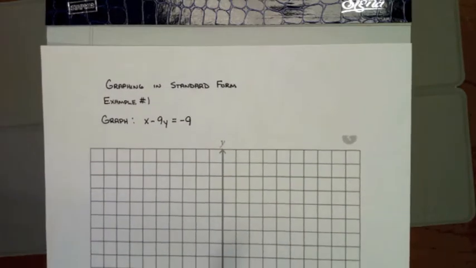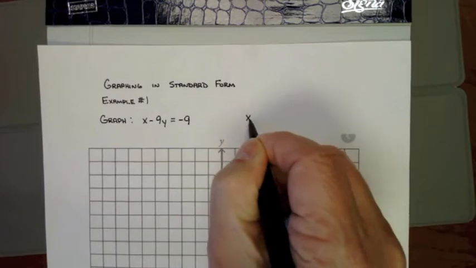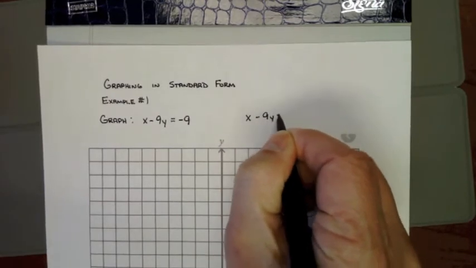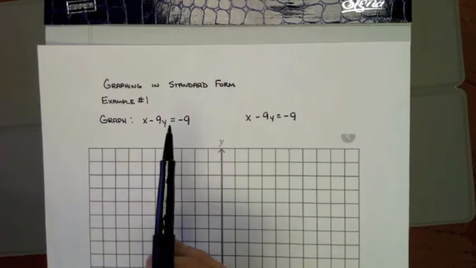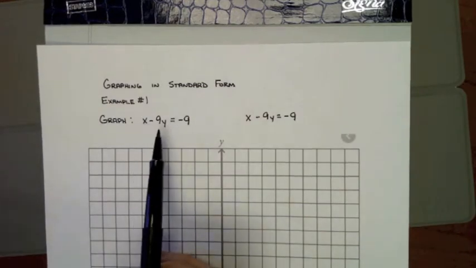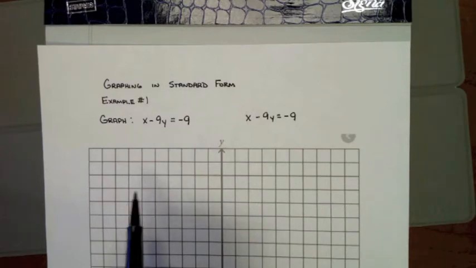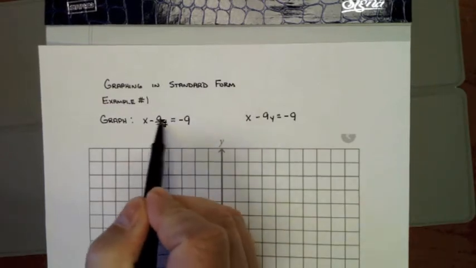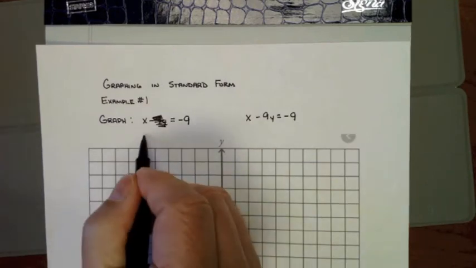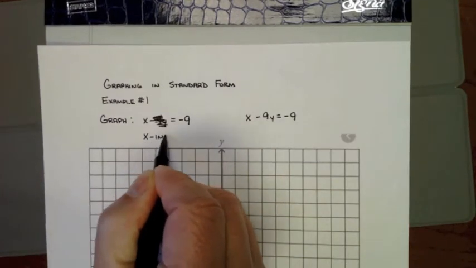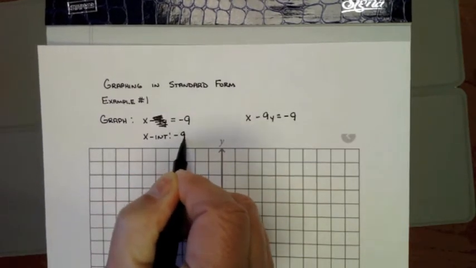So I'm going to rewrite it so that I can find both the X and the Y-intercept. Remember, if I need to find the X-intercept, I don't need the Y. So I'm going to mark through that, and I'm going to look at what I have left over. X is equal to -9. That means the X-intercept is -9.